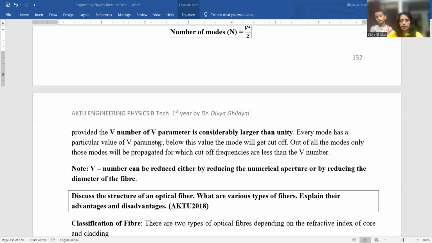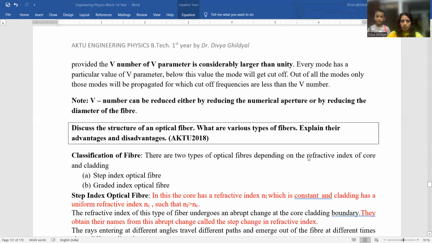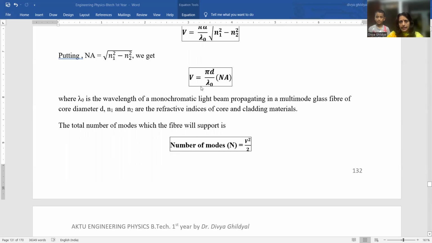Every mode has a particular value of V parameter, and remember that below this value, the mode is going to get cut off. And of all the modes, only those modes will be propagated for which cutoff frequencies are less than the V number. So V number can be reduced by reducing the numerical aperture, because V number depends directly on numerical aperture.